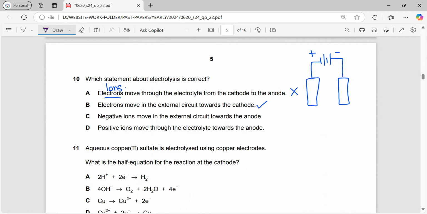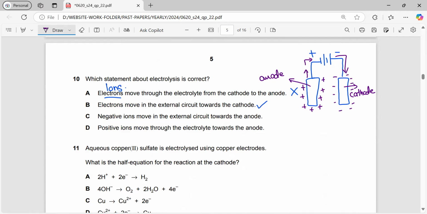From the positive electrode, the anode, the electrons go outside, which makes it positive. The electrons start moving out of the anode, and by passing through the battery, they enter into the cathode, which makes the cathode negative.